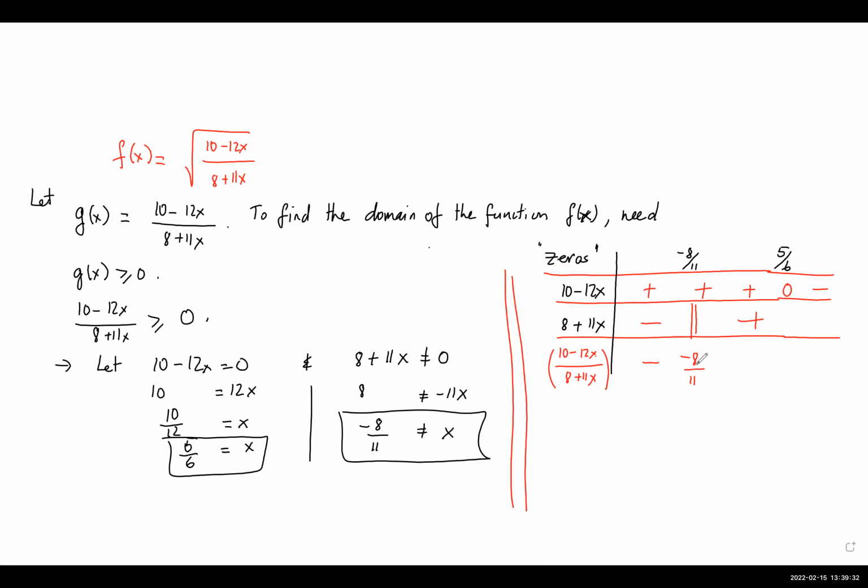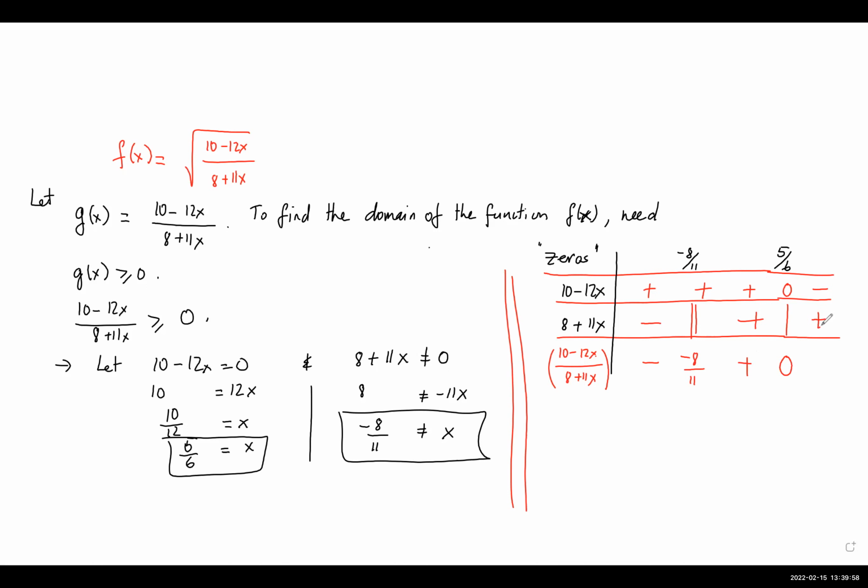Now on the right side of this number, we have positive on top and positive on the bottom, so positive divided by positive gives us positive. And at 5/6, because the bottom is positive and the top is 0, it makes the whole rational function 0.